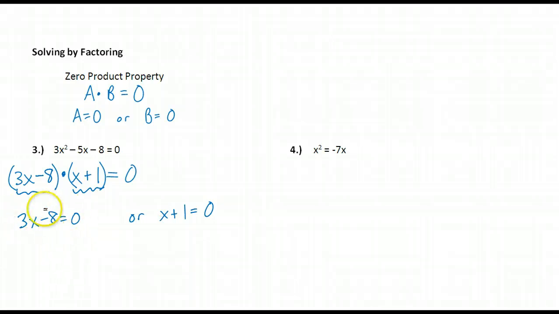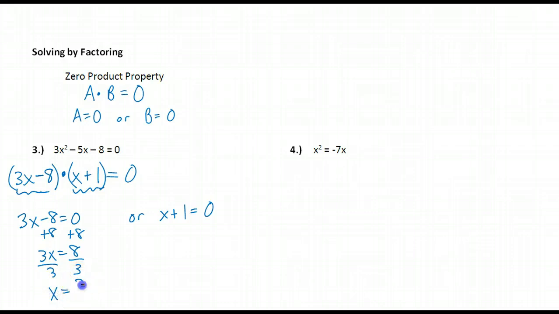If I look at what I'm left with here, I only have one x in this equation, so I can solve for x by adding 8 to both sides and dividing by 3. So one of my answers is x equals 8/3.